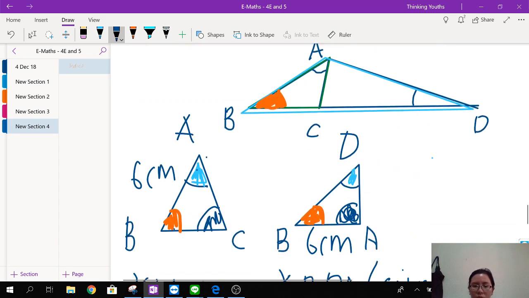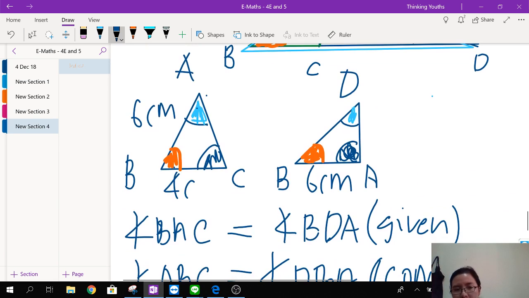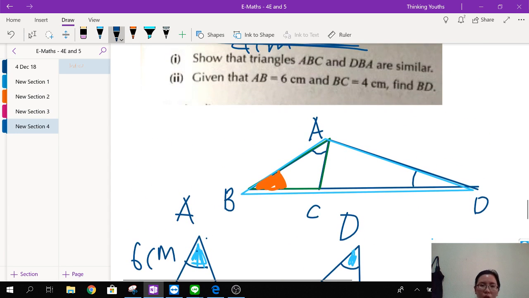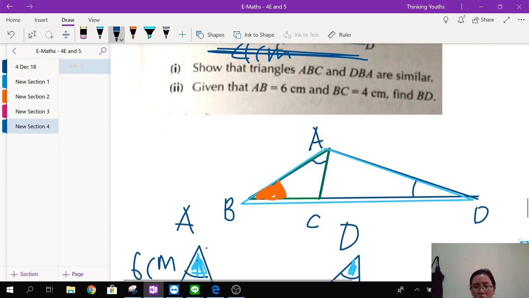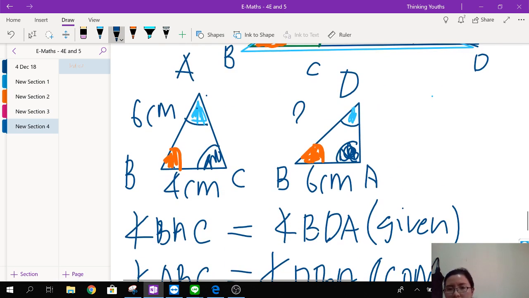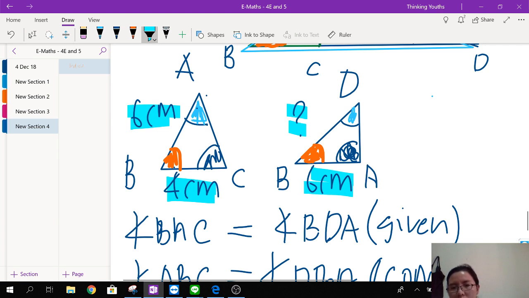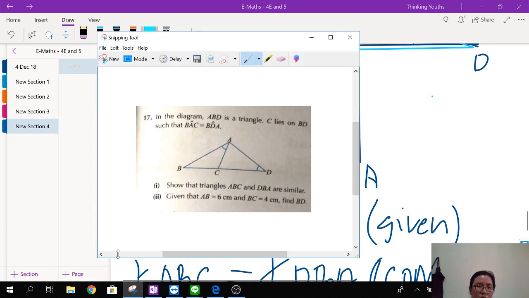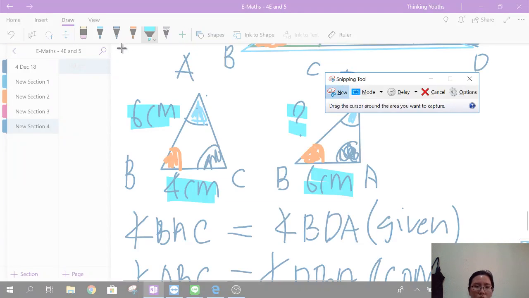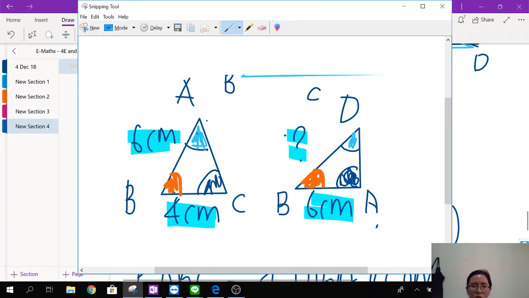So BC is 4 cm. And you need to find your BD. So we've given all the information here. You need to find out the length. Okay, this portion.